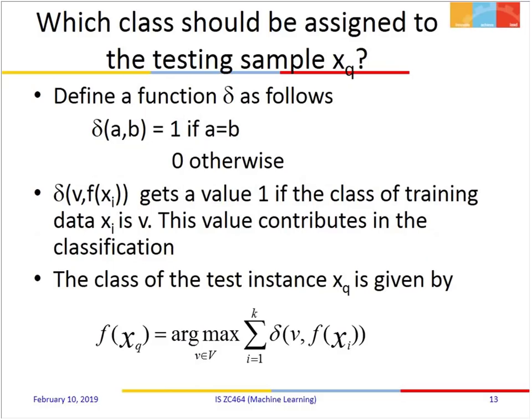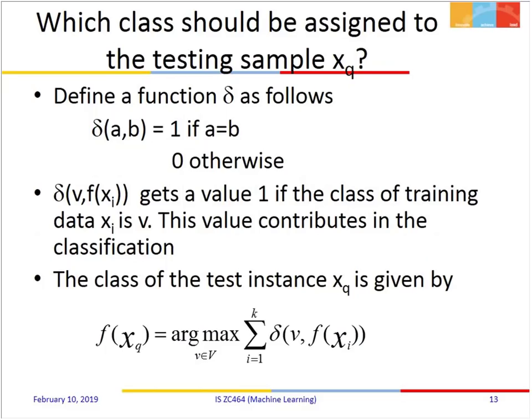Now let us say we define a function delta of A, B. If A is the same as B, then this delta function is going to be 1. Otherwise it is going to be 0. So I can assume that the predicted class of one particular test instance is, let us say, 2, and its actual class is 1.